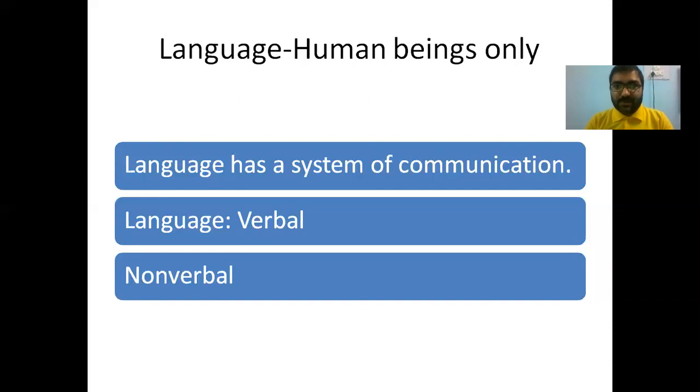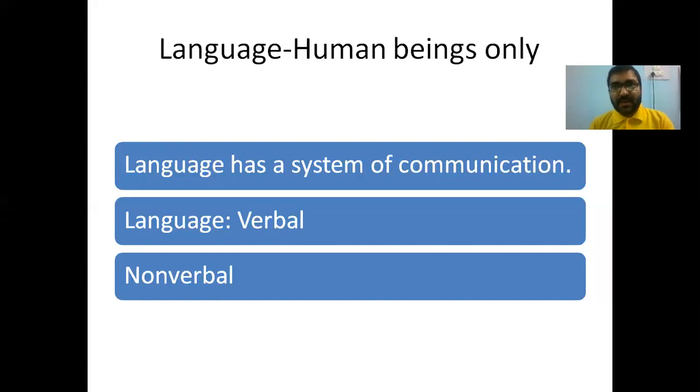So, in this portion, we are going to talk about the system of communication. Language means basically we communicate through verbal or non-verbal means. We communicate through written or verbal discourse, and we use non-verbal as well.